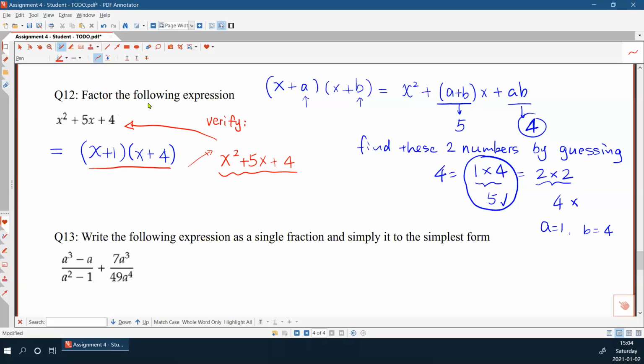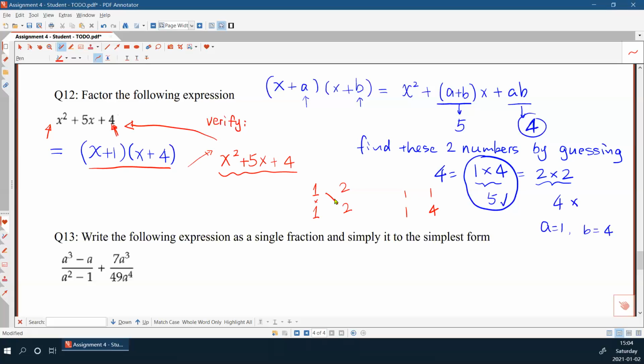If you are familiar with these types of questions, there is a shortcut to find these two numbers. Note that the coefficient of x squared is 1, so we can write 1 by 1 here. And then we check the constant. The constant is 4, so we can write 4 as 2 by 2 or 1 by 4.